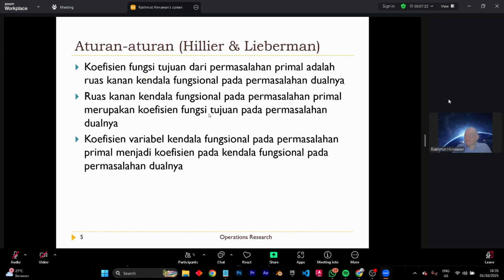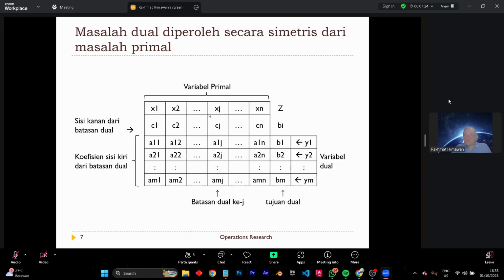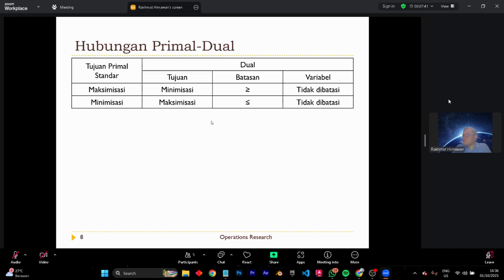Okay, this is also a table, but sometimes I just don't use it. It depends. It is just to remember which one is C, which one is A, which one is B. And this shows the change in the objective function from previously maximize to minimization of the dual.